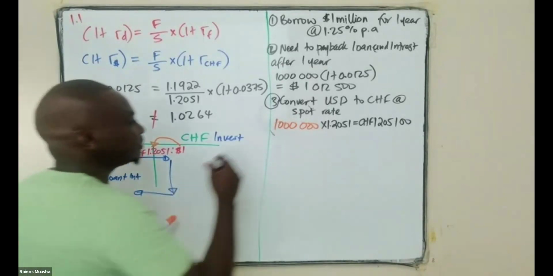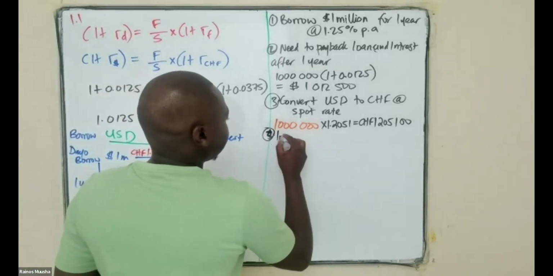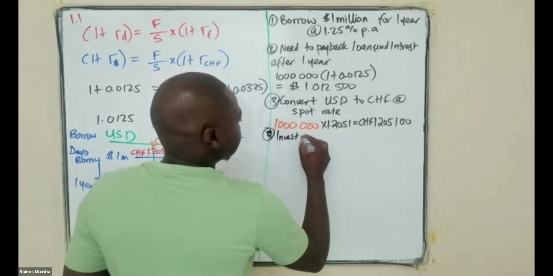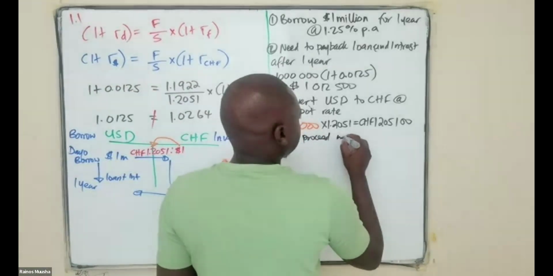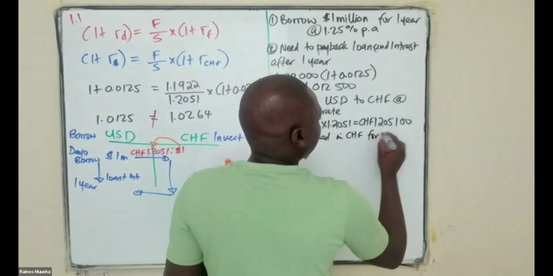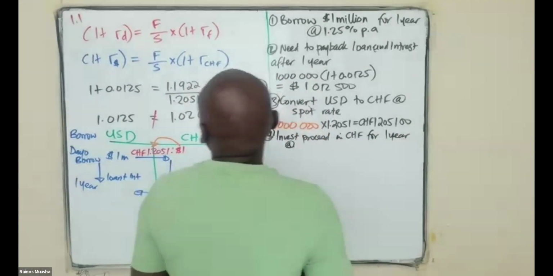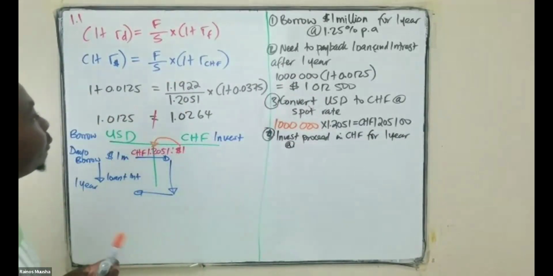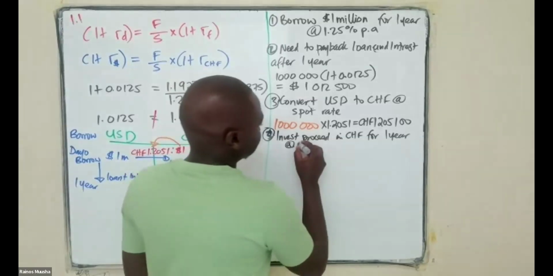So step number 4, invest proceeds in CHF for 1 year at an interest rate of, in CHF, if you invest money, we earn an interest rate of what? 3.75%.